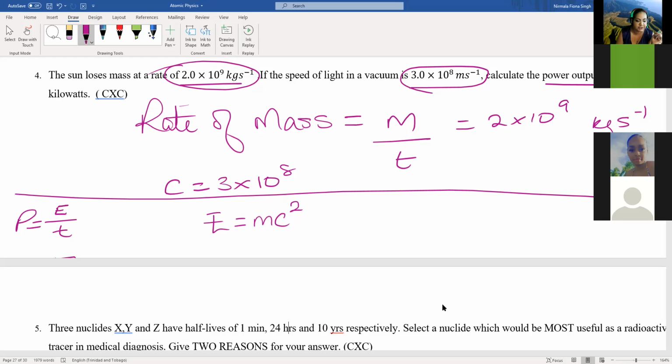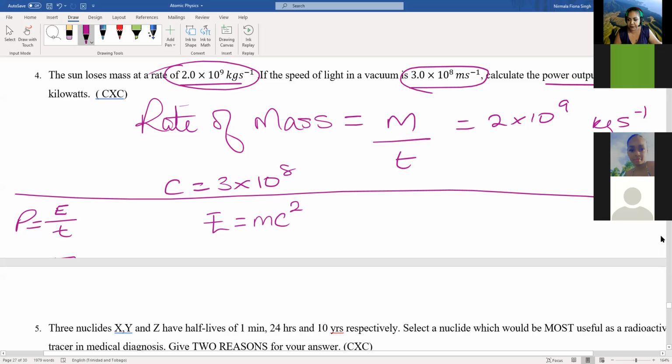You don't always use half mv squared. Why don't we use half mv squared? Because this is for slower particles. Anytime something is traveling basically at the speed of light, we have to use E is equal to mc squared. The only time we're going to use this equation is in this topic of atomic physics.